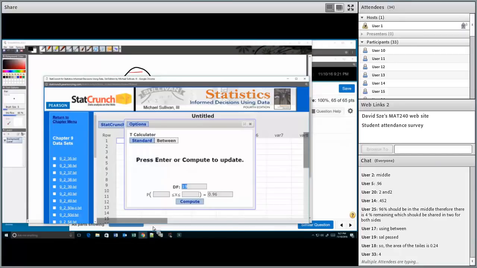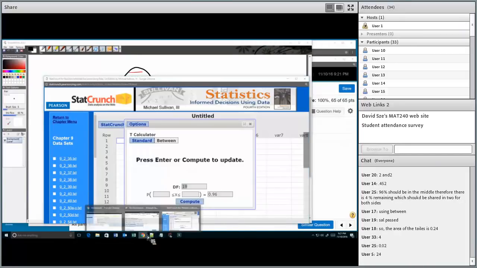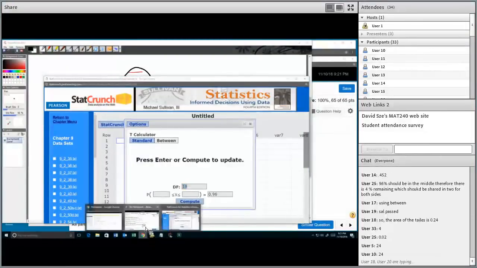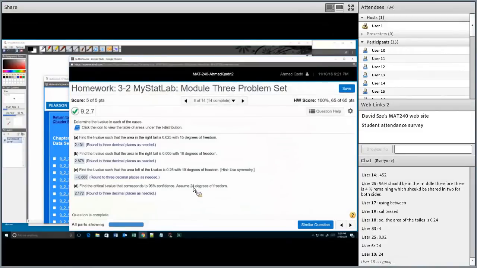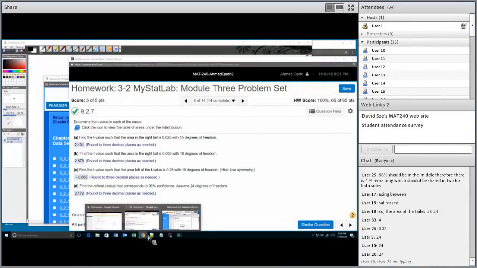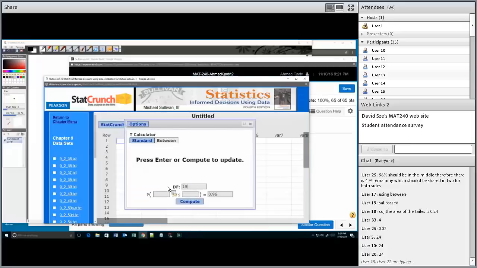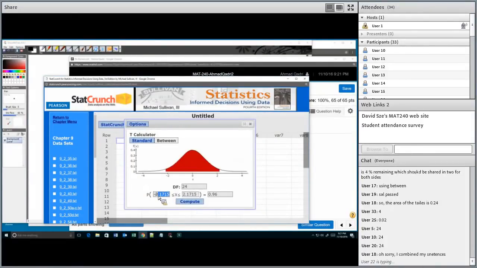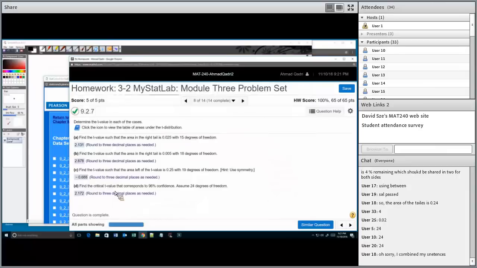The degrees of freedom given in the problem was 24. See, it says assume 24 degrees of freedom. So I'm going to use 24. Okay, and then I hit compute, and here's the answer. The lower limit is minus 2.17, upper limit is 2.17. So this is the answer, 2.172. That's the critical value. That makes sense?